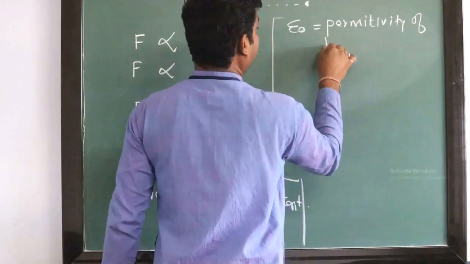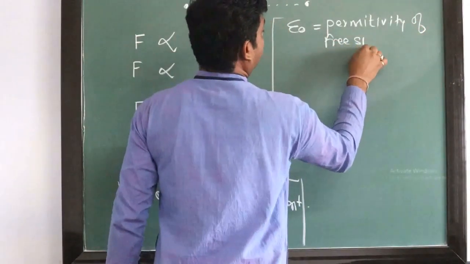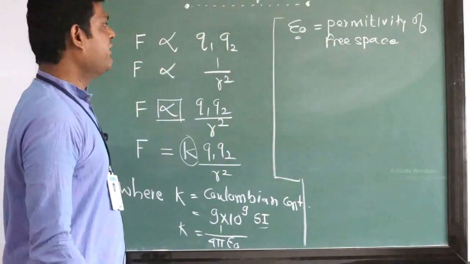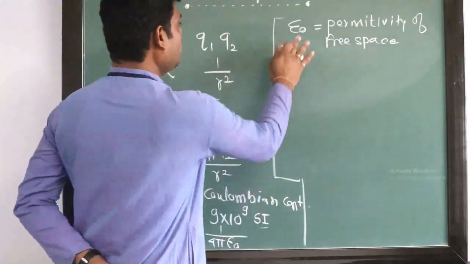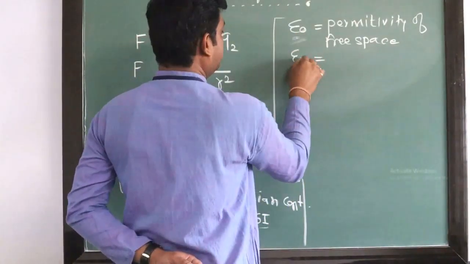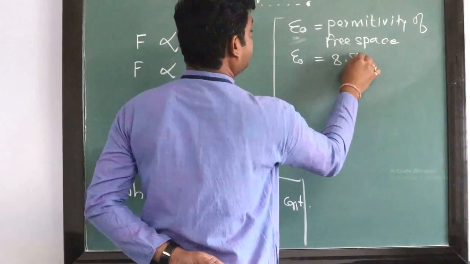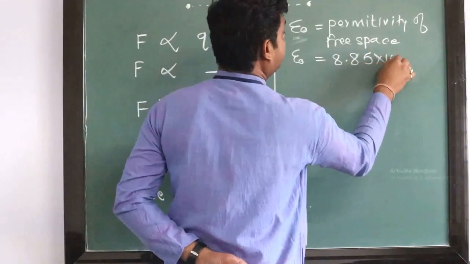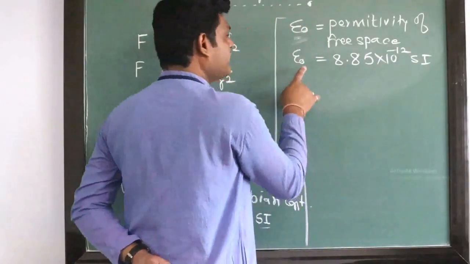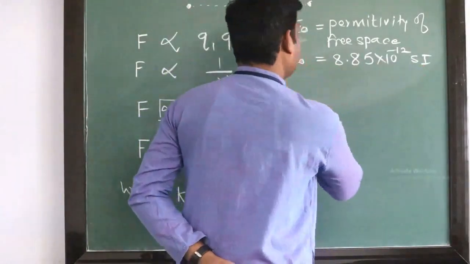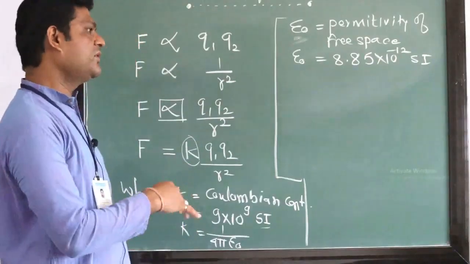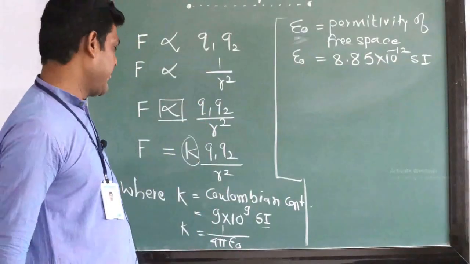The value of epsilon 0 is equal to 8.85 times 10 to the power minus 12 SI. Again, we will solve the SI unit of epsilon 0 and find the dimensional formula for epsilon 0 at the end of this topic.